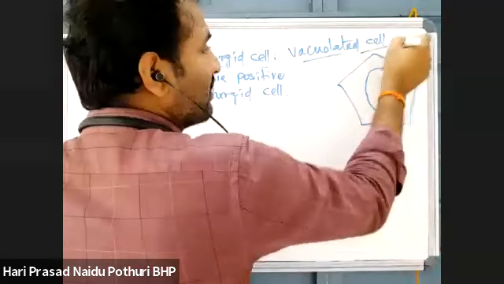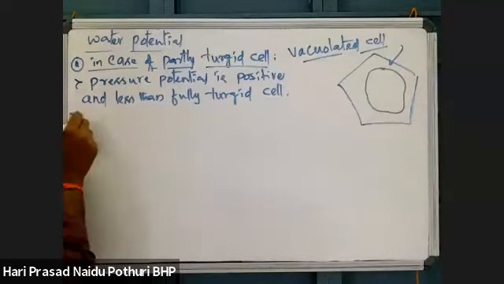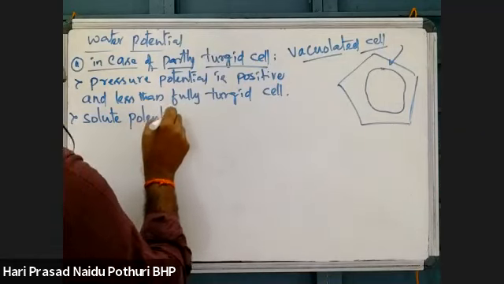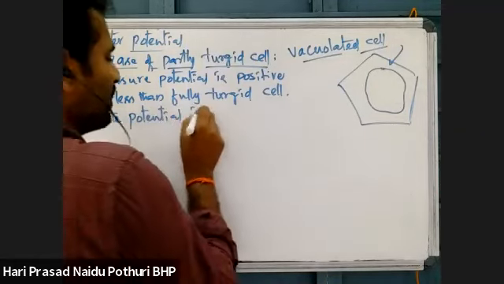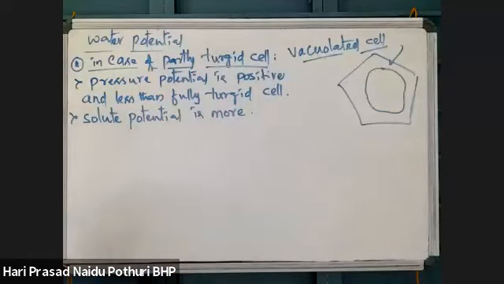Fully turgid cell has maximum pressure potential, but this one has less pressure potential. That is one thing. And solute potential is more. More means more negative. So water potential will become negative.